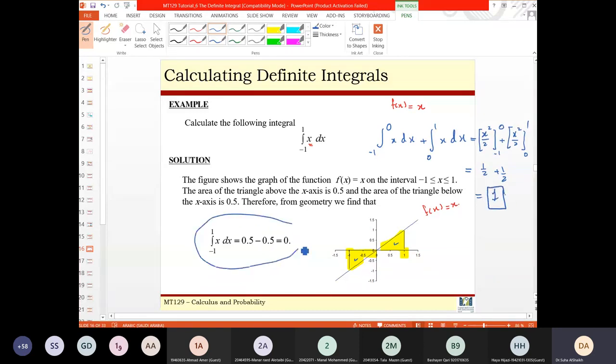Now, if you look at the slide, they found the integration as 0. Why do you think they got it as 0? If you did the integration without doing this cutting, you will get the integration as 0, although actually it's not 0, because I can see that I have a part below and a part above. How does it come that the integration is 0? Can somebody answer me here?